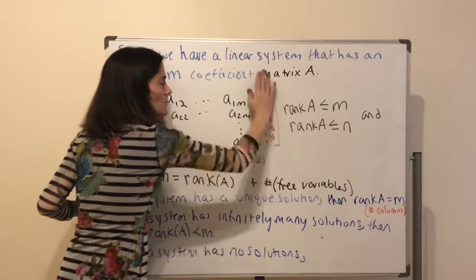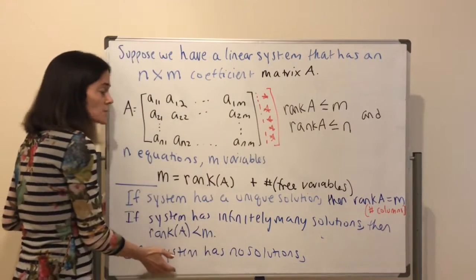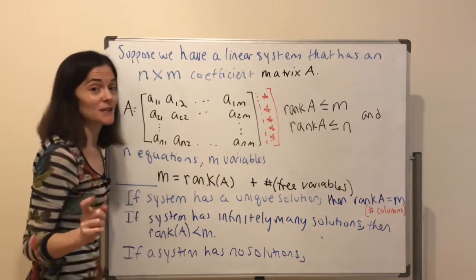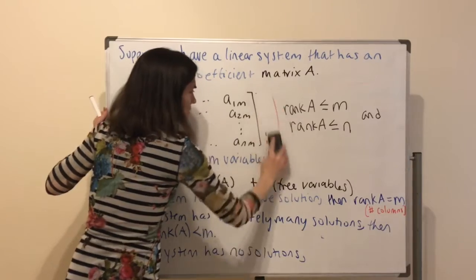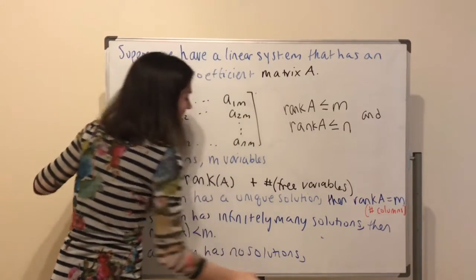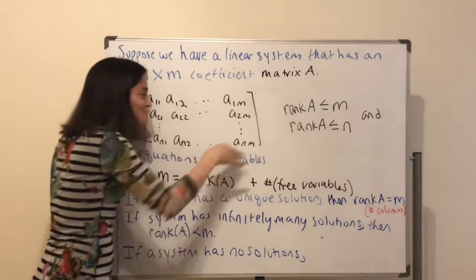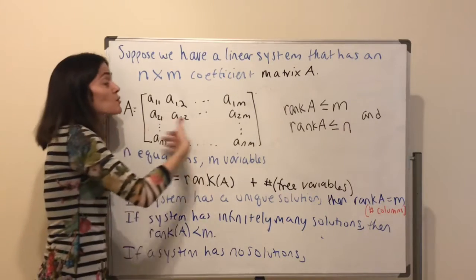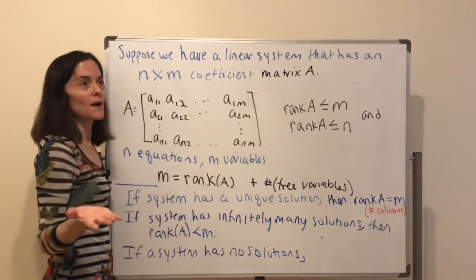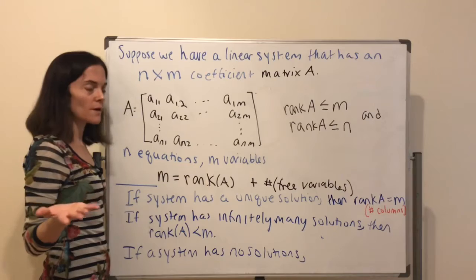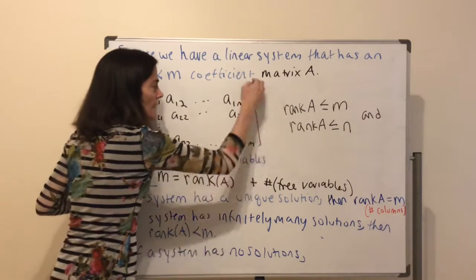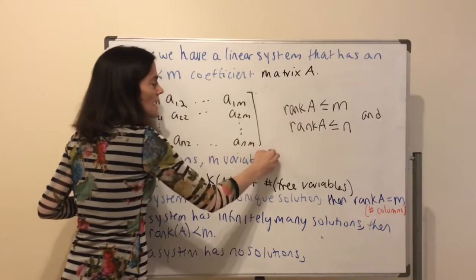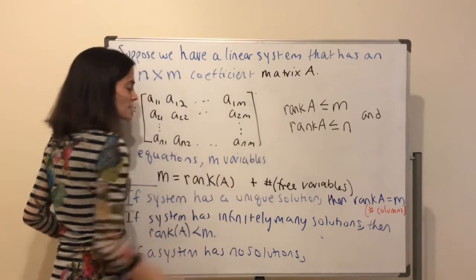Now I'm going to ignore this, but if you have no solutions, then in the reduced row echelon form of the coefficient matrix, erase this because I'm talking about the coefficient matrix, you have a row of all zeros, at least one. Maybe you have 2, 3, 4 rows of all zeros, but you have at least one so that you can get the all zeros. And then when you add this extra column, you have a non-zero thing.